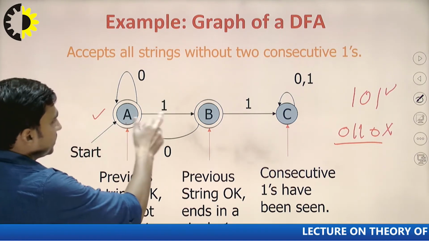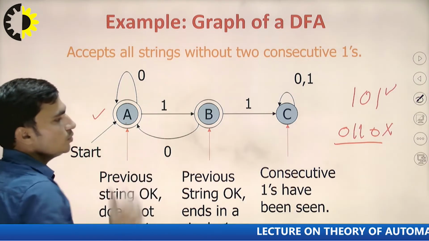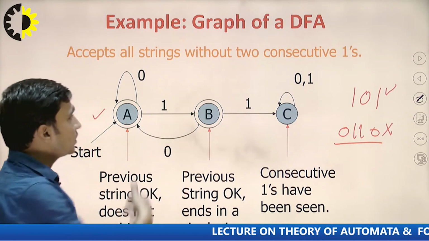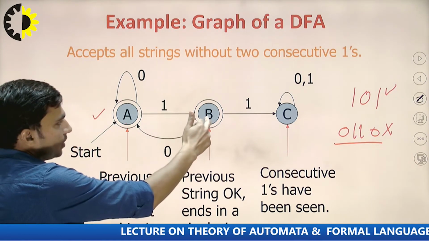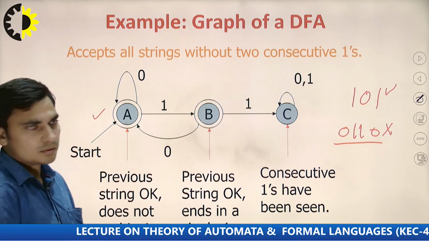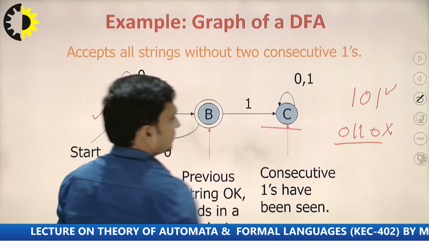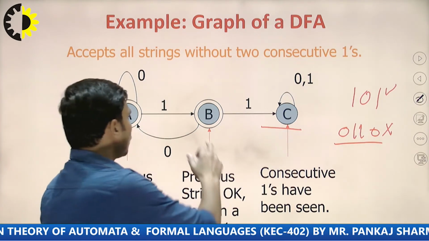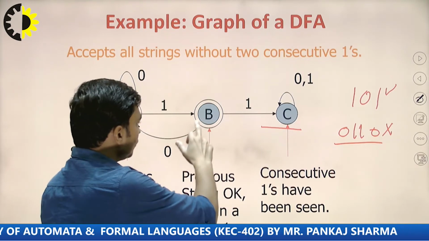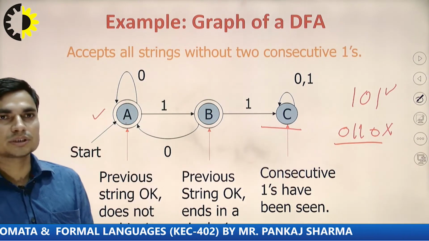If we read 1, we move to B. If we read 0, we stay at A itself. At B, if we read 1, we go to a certain state from which we do not come back, and if we read 0, we move to state A.